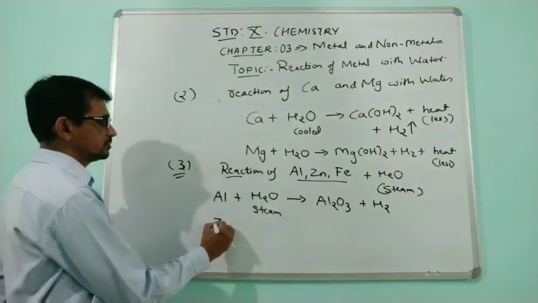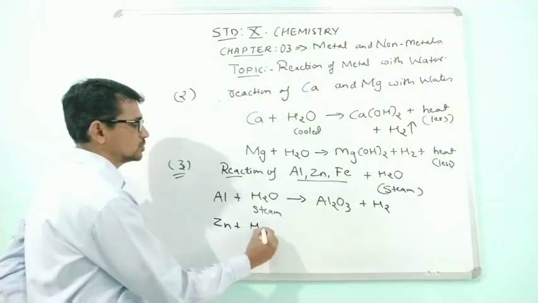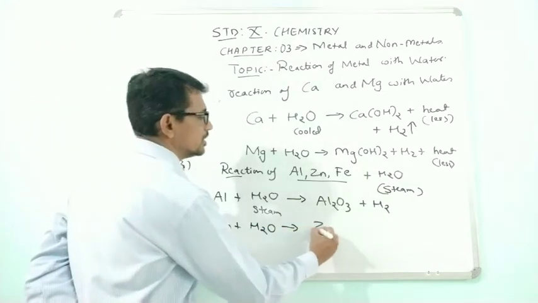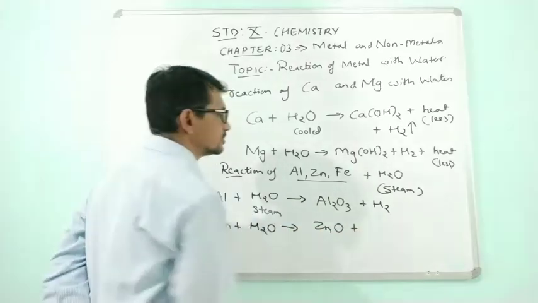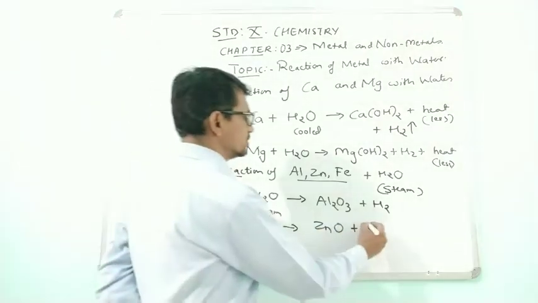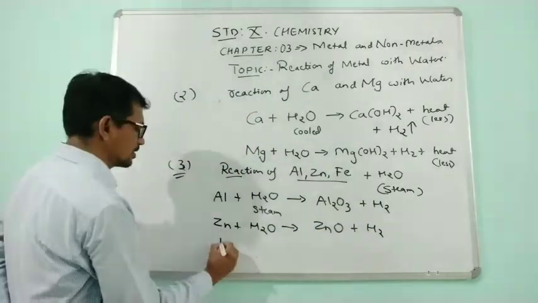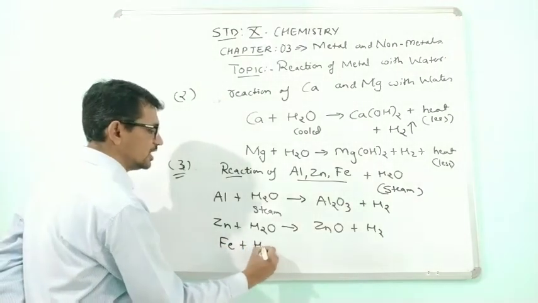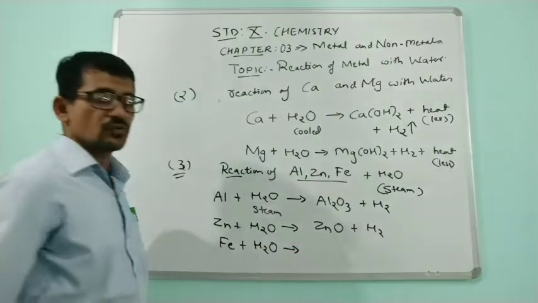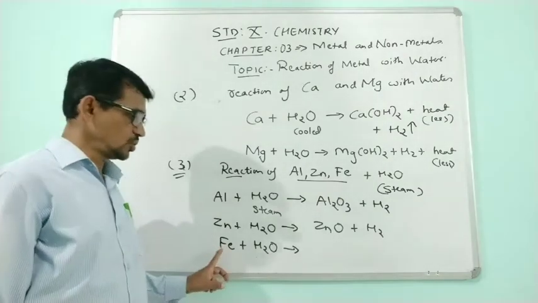Similarly, zinc when treated with steam is converted into zinc oxide, plus H2 gas. Next one is iron. Fe reacts with H2O steam, and iron has zero valency here.